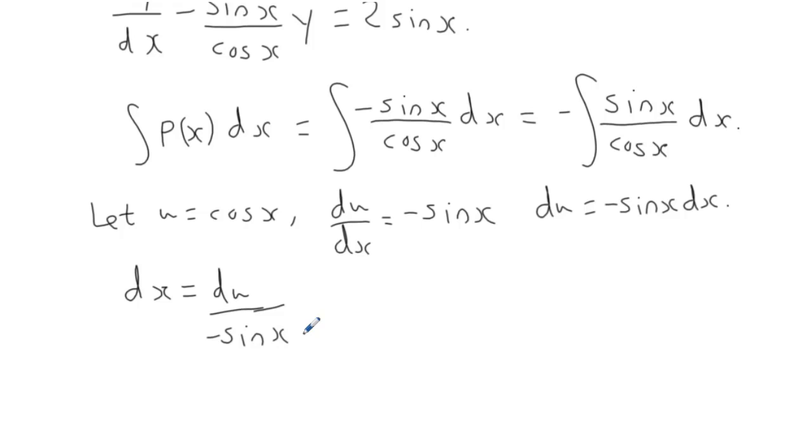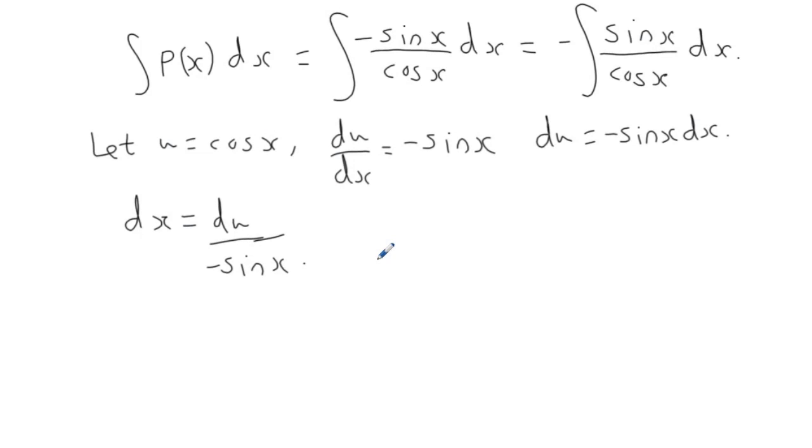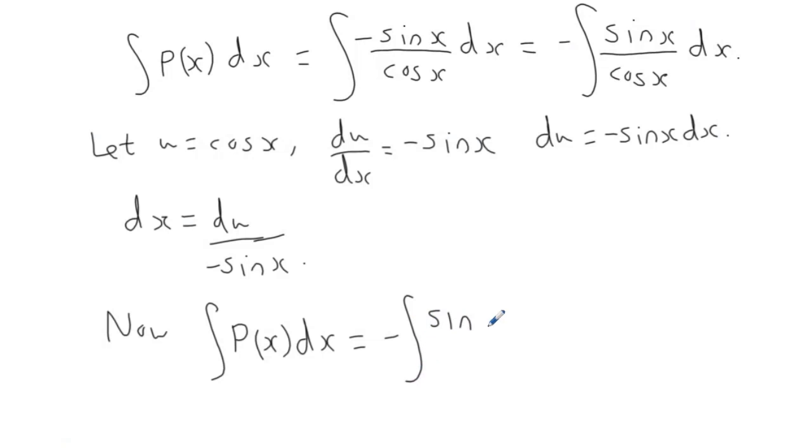Now we can completely transform our integral of p of x dx. It equals the minus that we already had, minus 1 times the integral of sine x over u, since cos x is u, times du by minus sine x.